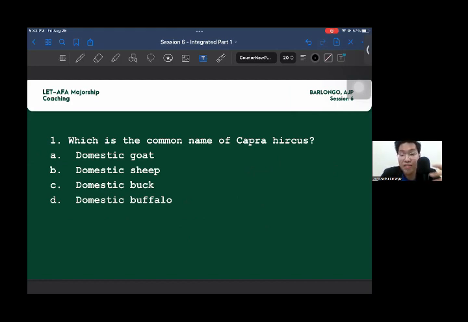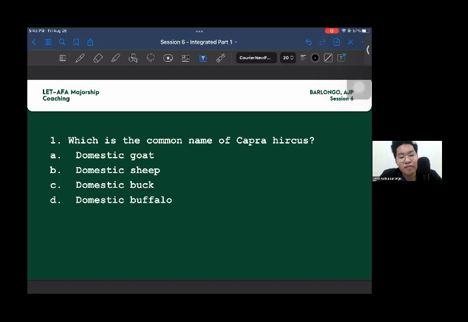I always say at the start of a session that you can have a piece of paper, or wherever you take notes, where you write your initial answer and then the correct answer, so you can review each item.